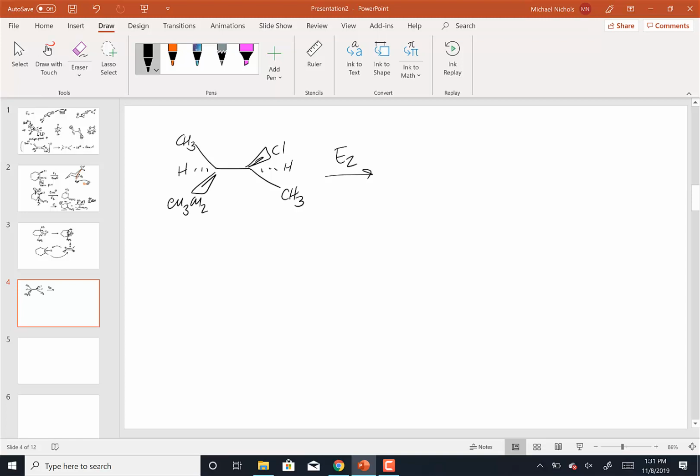What are my steps going to be? My steps are going to be, here's my alpha carbon, here's beta carbon number 1, here's beta carbon number 2. If I switch this from a CH3 to a CH2 with an H, those two are my beta hydrogens that could be lost.